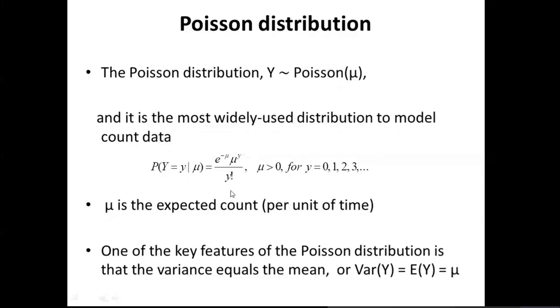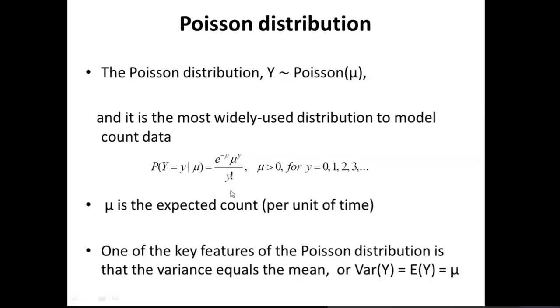For mu greater than 0, always mu is greater than 0, and y starts from 0, 1, 2, 3, etc. Right? No limit. Mu is the expected count, the expected count per unit of time, or per attempt, or per volume. So that is the average, the average expected count.